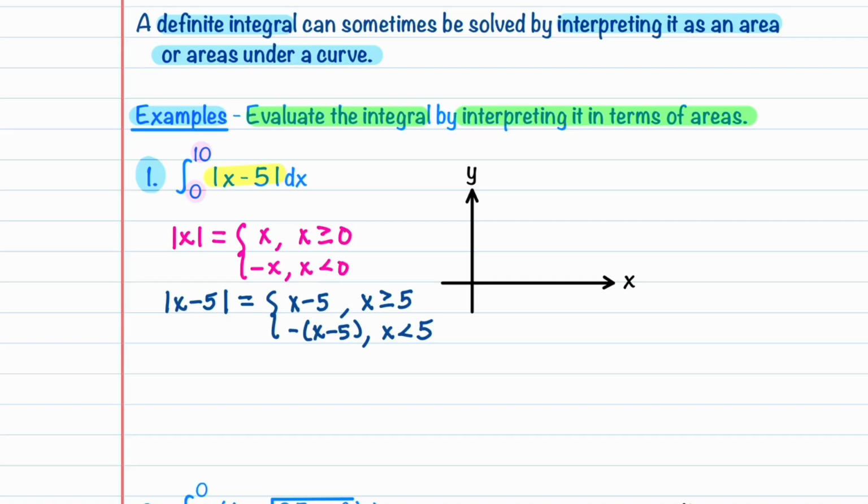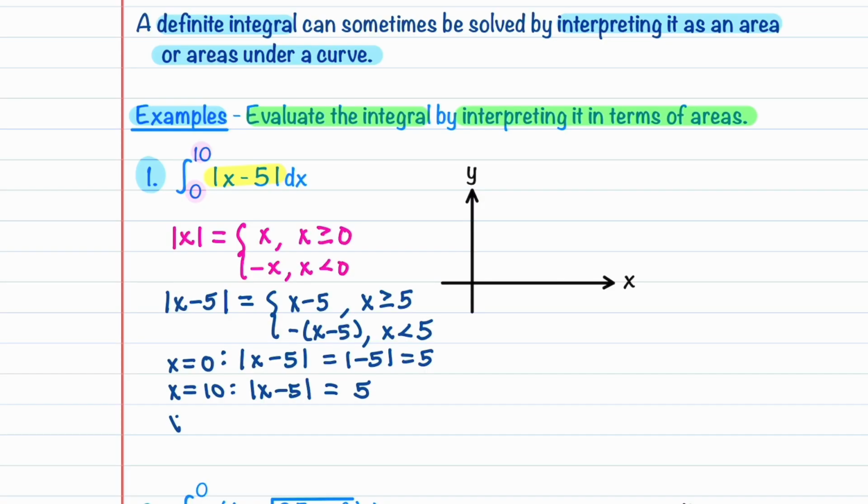So let's find out what our function is equal to at 0 and at 10. When x is equal to 0, the absolute value of x minus 5 is equal to the absolute value of minus 5, which is 5. And then when x is equal to 10, the absolute value of x minus 5 is just equal to 5.